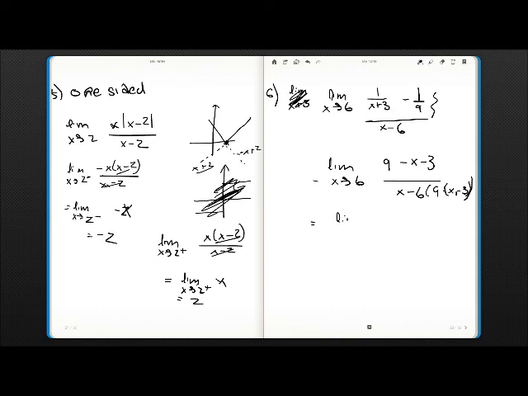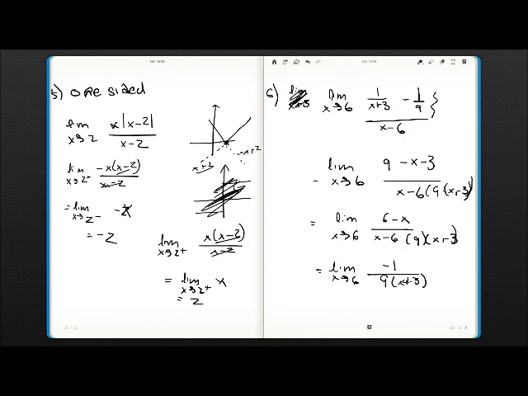As you can see, the numerator will cancel out with the denominator, because this is 6 minus x, and that is the opposite of x minus 6. So if you put a negative sign at the top, you can get rid of it. So it will be minus 1, and we can get rid of the x minus 6 on top and bottom, and we will get 1 over 9 times x plus 3.